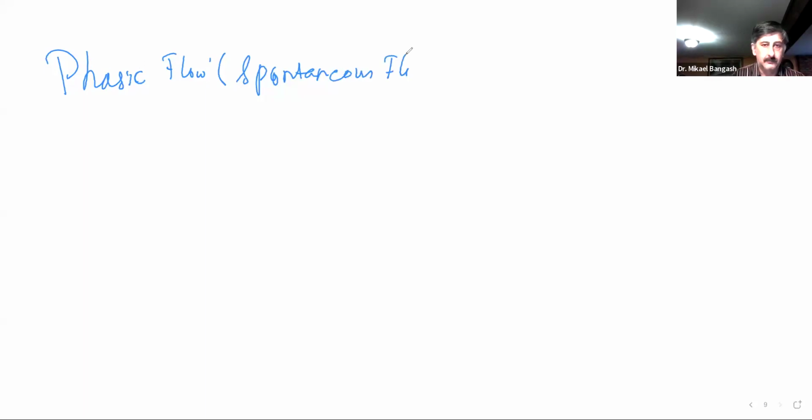Now the next flow. And mainly just to give it a name, this is going to be called a phasic flow. Now this phasic flow here may also be referred to as a spontaneous flow.